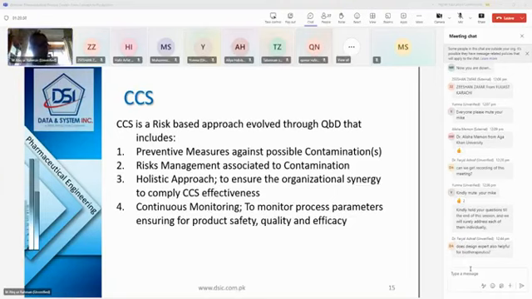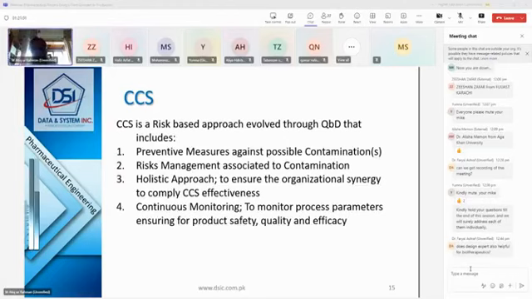Number two, it gives you risk management associated with contamination. It gives you all the possibilities of how contamination can distort your product. So all the risks pertaining to contamination are already addressed in the contamination control strategy.